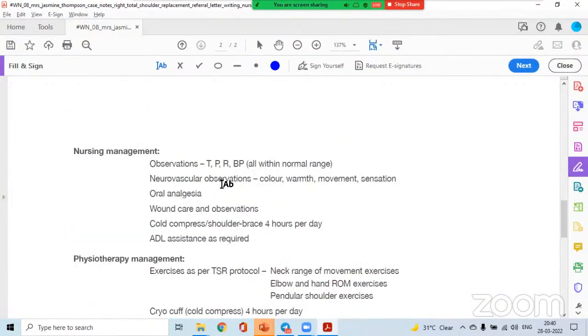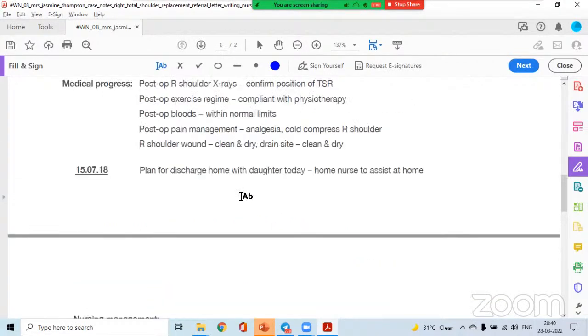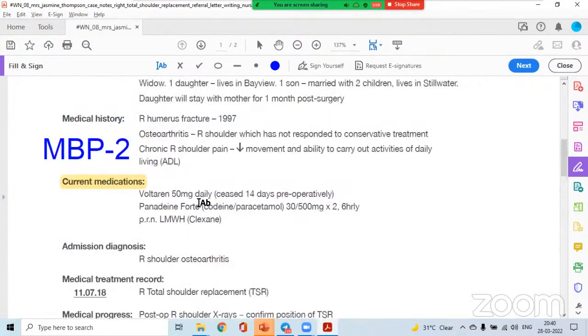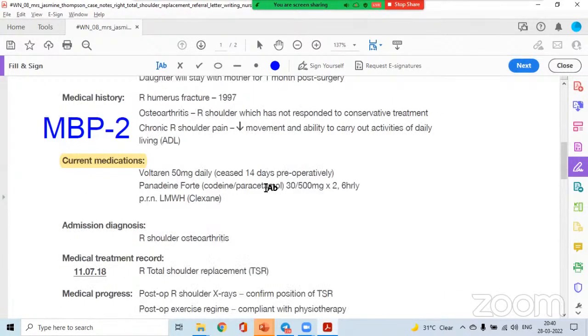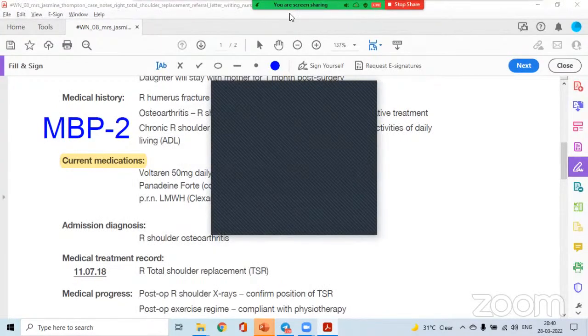What is the need for it? Panadine Forte, codeine and paracetamol. What is the purpose of this? Anybody write in the chat box. If you know, write the purpose of Panadine Forte.